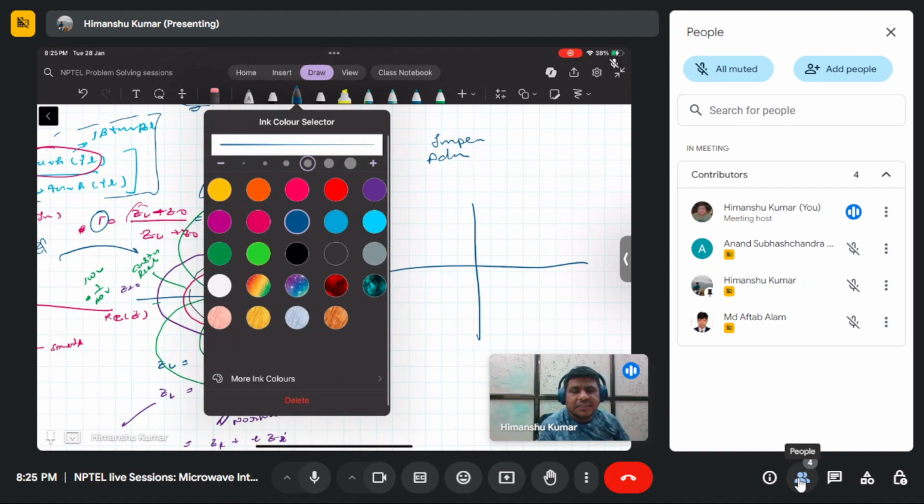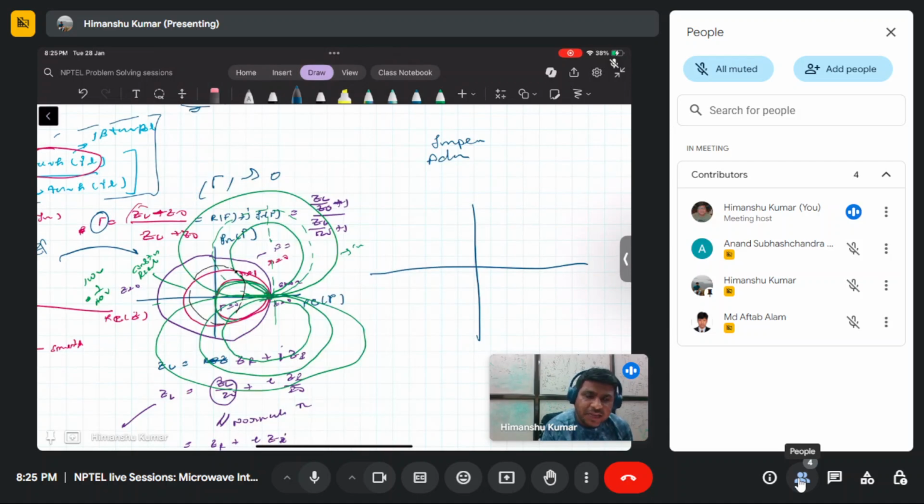The same complex impedance you can represent on the admittance Smith chart as well as the impedance Smith chart.